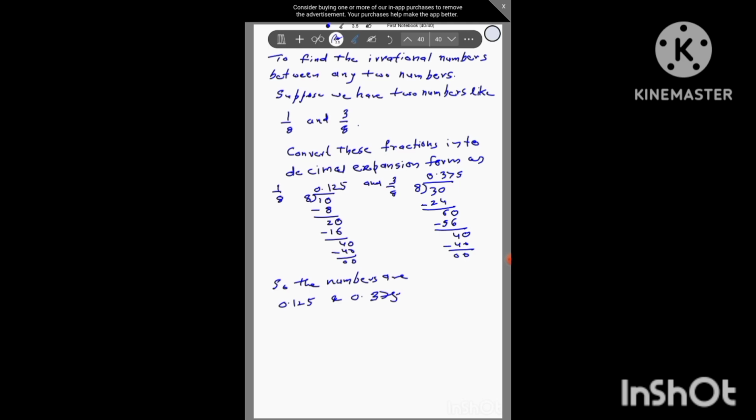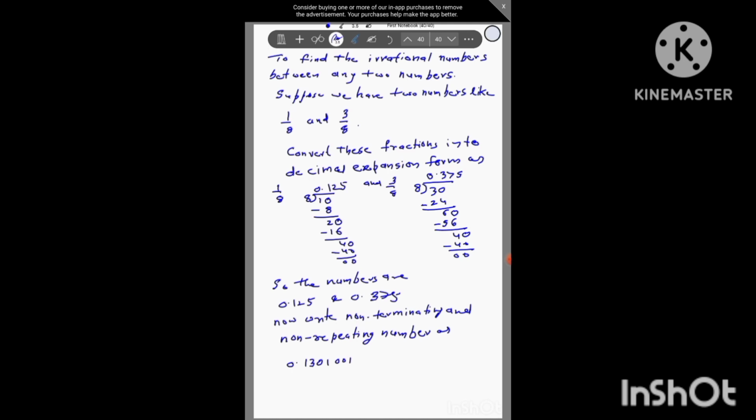And now write two numbers in between these two, which are non-repeating and non-terminating. You can write any numbers. I am writing two or three numbers just for instance, you are not supposed to repeat the values as I am showing, and not terminating also.